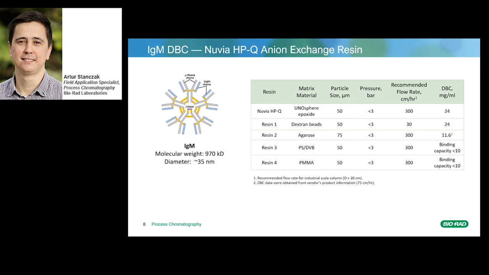Another candidate resin with a dextran base matrix was able to achieve similar DBC, but only with a 10-fold lower flow rate, 30 cm per hour. Implementing Nuvia HPQ reduced the operational cost due to higher productivity achieved by improved DBC and high flow rate.